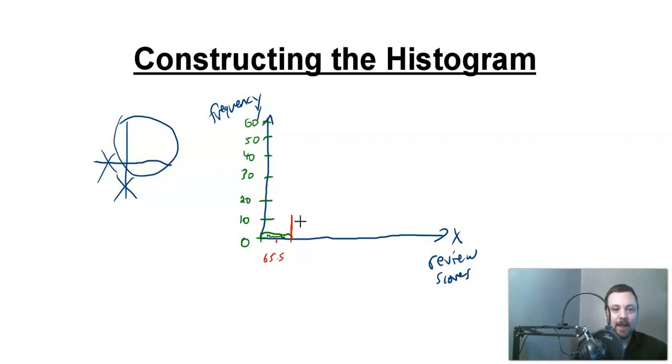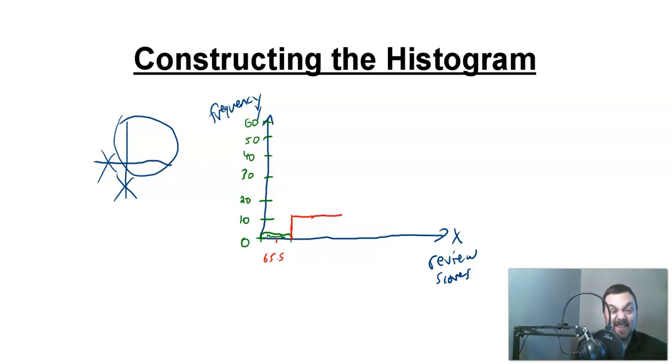Try to make that a horizontal line, not too wavy like I did. And the width of the bar should be about the same. We want, again, technically should be exactly the same, but when you're drawing it by hand, show me that you made the effort to make the bars look about the same width.